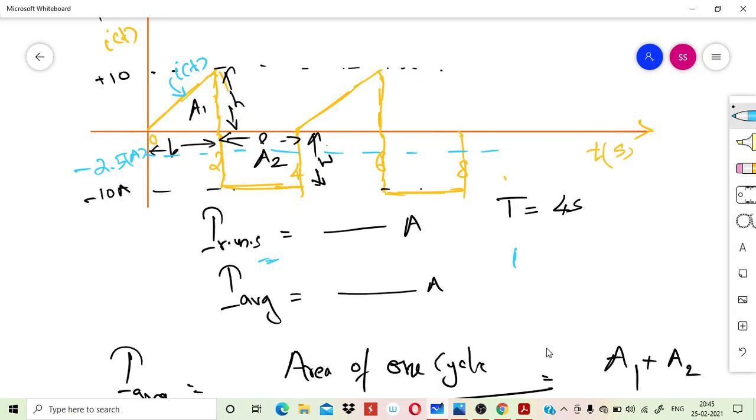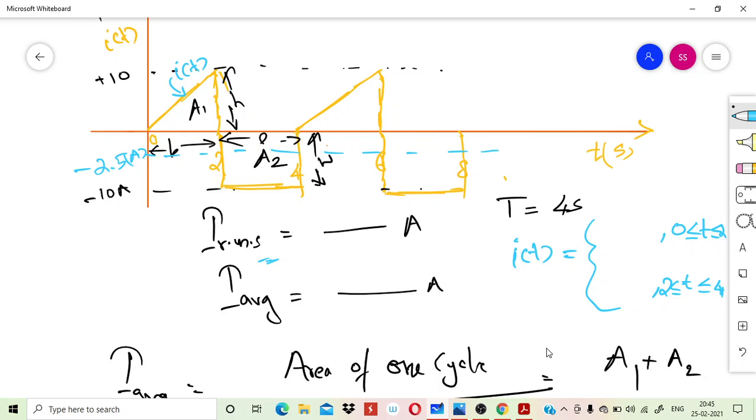So I of t is equal to two functions: one from 0 less than or equal to t less than or equal to 2, and another function from 2 less than or equal to t less than or equal to 4.